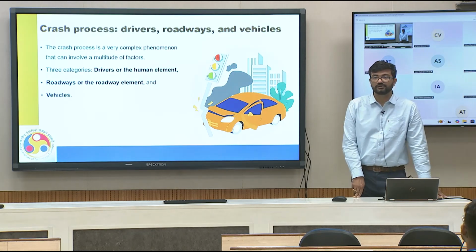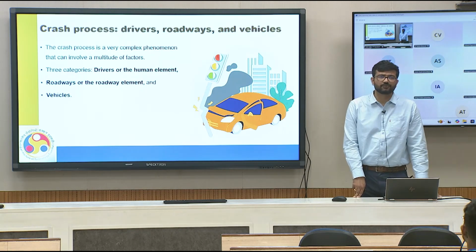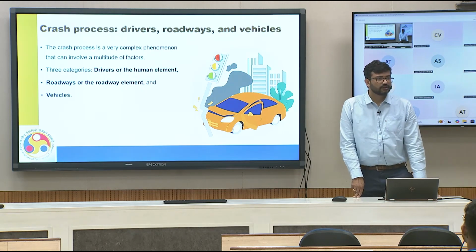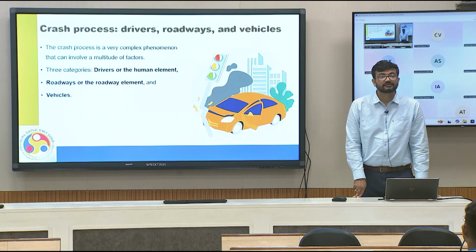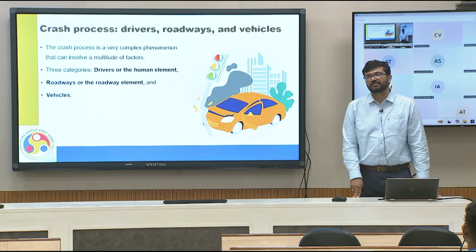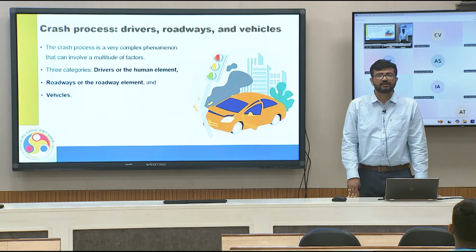Roadway maintenance, very good. Infrastructure, poor infrastructure, you can say. Road markings, good. Not proper signal. Yes, not proper signal. Okay, bad signal designs maybe. From the back, what else?